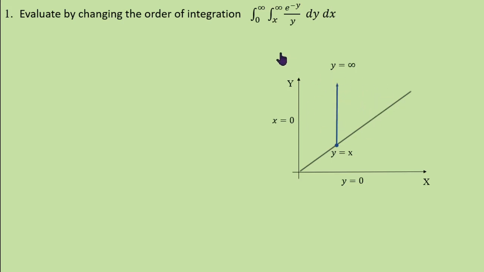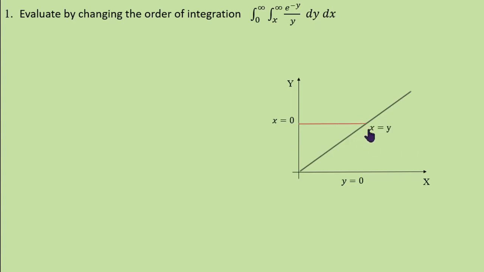In this area, when we change the order of integration, y varies from 0 to infinity. To cover this area, x varies from 0 to the line x equal to y.